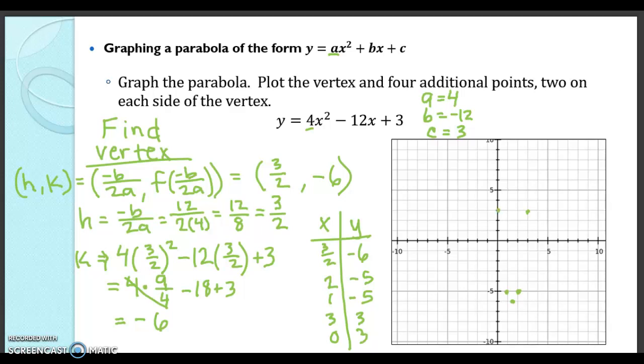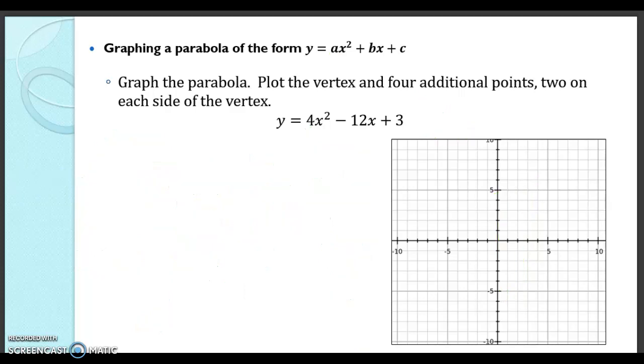So we're going to end up with a really skinny parabola like this. Okay, with a vertex at 3/2 and negative 6. Now, if we wanted to make it prettier, it would look like that.